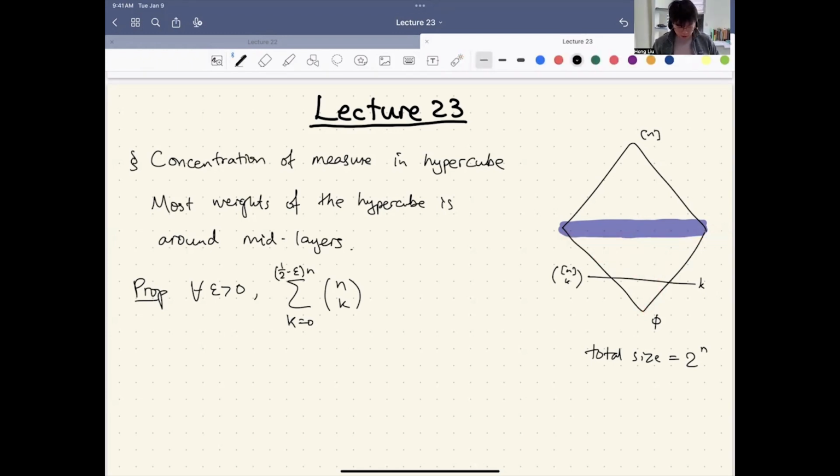This is at most, let me divide it by 2 to the n, at most e to the negative epsilon squared n, exponentially small.